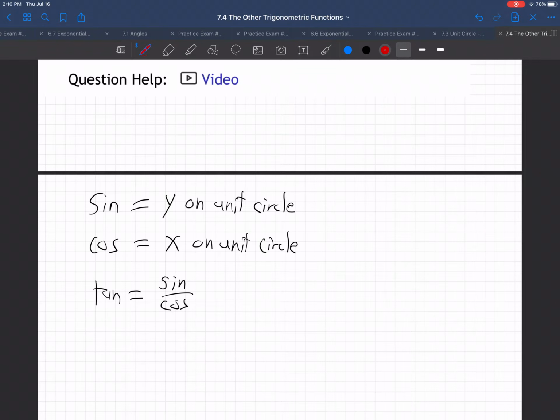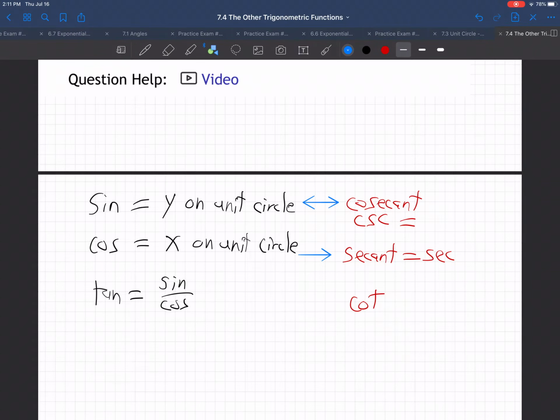Now the other three trig functions: cosecant, in fact, why don't I write out the whole word here. Cosecant, which is abbreviated CSC, and secant, which is abbreviated SEC, and then cotangent. These are the reciprocal functions.